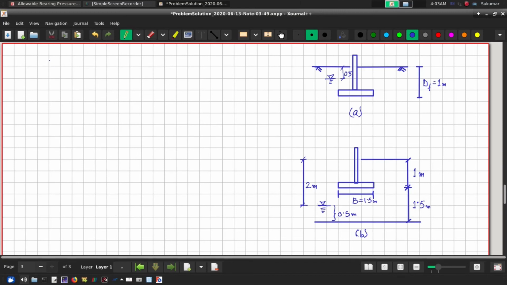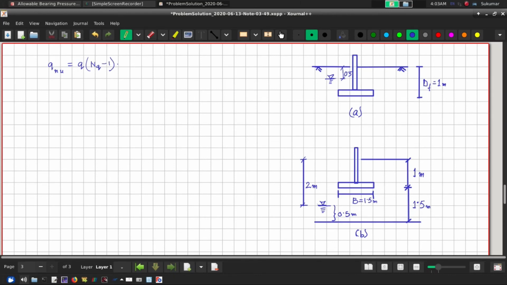The only thing we need to do is consider the groundwater table reduction factors. So let us write down the bearing capacity equation now. Q net ultimate, we know that we have q into NQ minus 1.